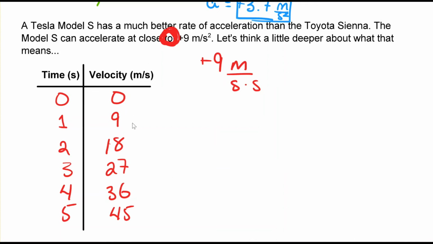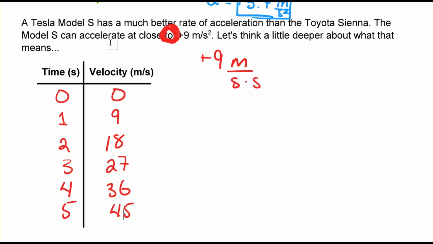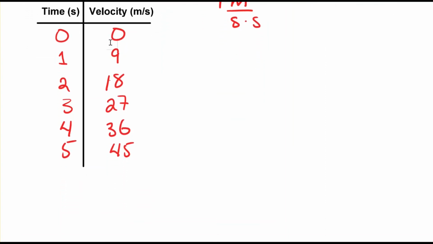Now, you could do something even more interesting with this. You could ask, how much time is it going to take me to get to 63 meters per second? We could carry on this trend. So 6, 7, 8, 9, however many seconds. Another second later, I'm going to be going 54 meters per second.